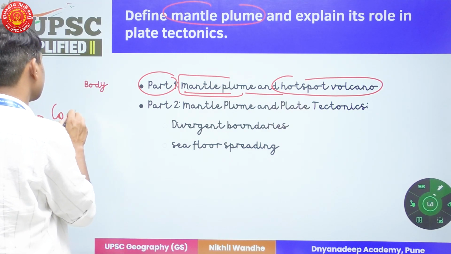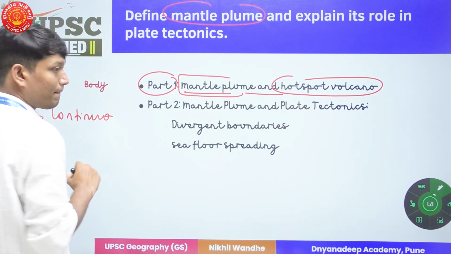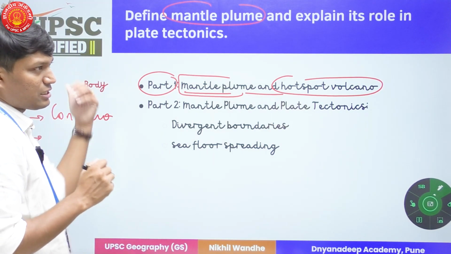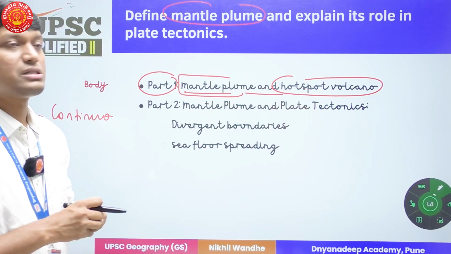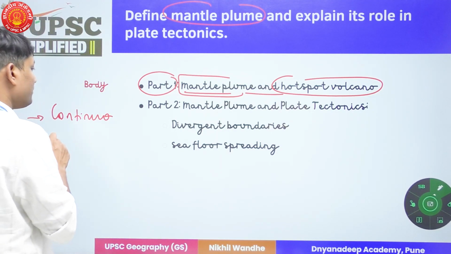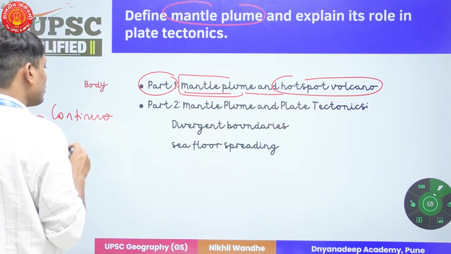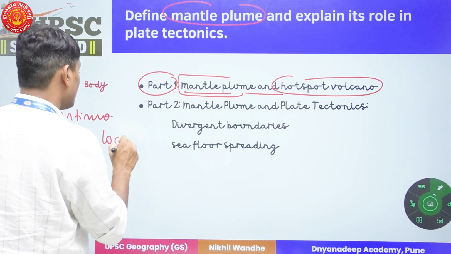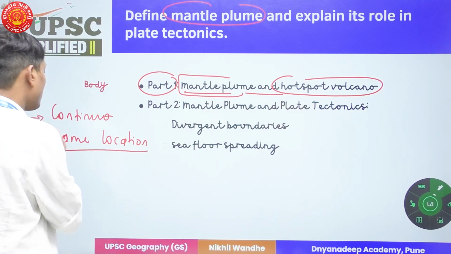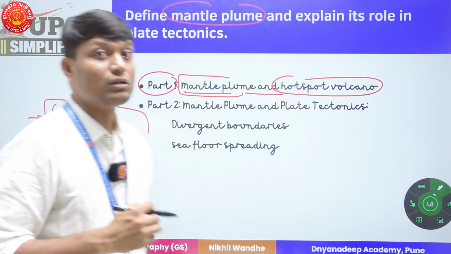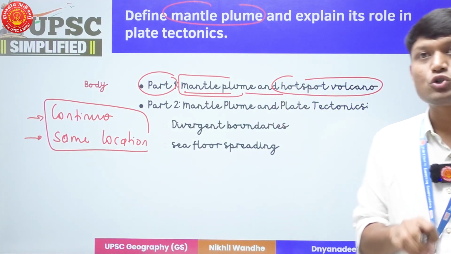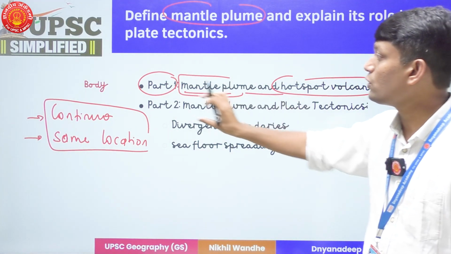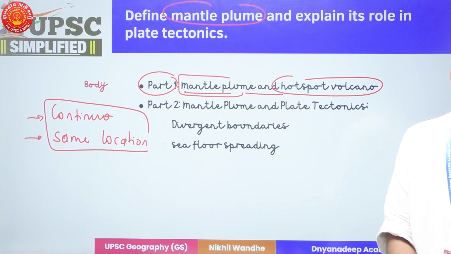One is continuous eruption, maybe for the last crores of years. At the same time, the location of eruption is the same, right? The location of eruption is not going to change at all. So there is a permanent fixed location for hotspot volcanoes, and there is a continuous eruption.